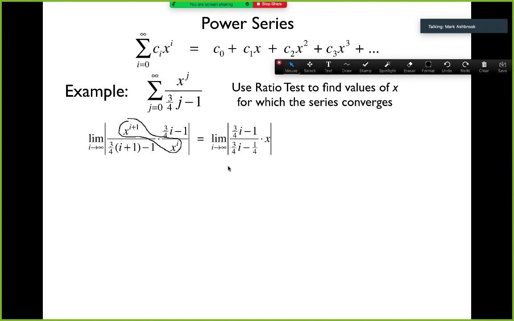All right, here's a better view of that. There we can see how that limit is going to go to 1 because of the ratio of 3/4 to 3/4. And we're just going to be left with the absolute value of x. And when did the ratio test tell us that a series converged?